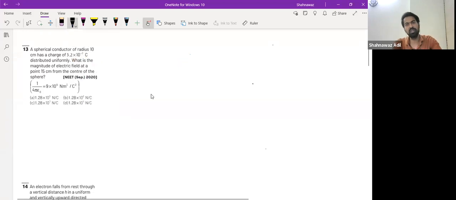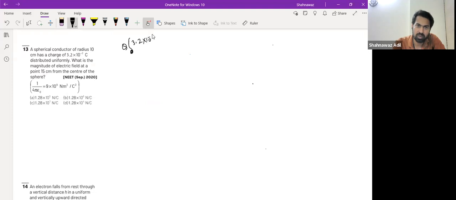When I talk about Gauss law, you will also see that the electric field of a sphere outside the sphere is exactly like a point charge. So you have a point charge Q, which is 3.2 into 10 to the power minus 7, and we are calculating the electric field at 15 centimeter at this point.